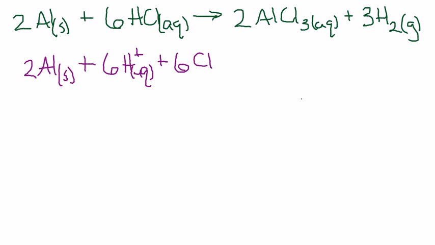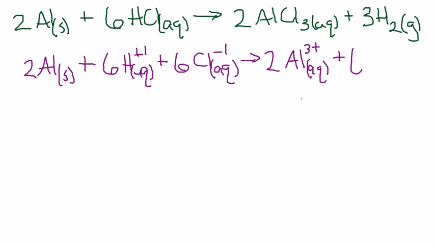And that goes to, we can split up the aluminum chloride, so we'll have 2Al+3 aqueous, plus 6 Cl-1 aqueous, plus 3 H2 gas. Can't split that up because it's a gas, it's not aqueous.